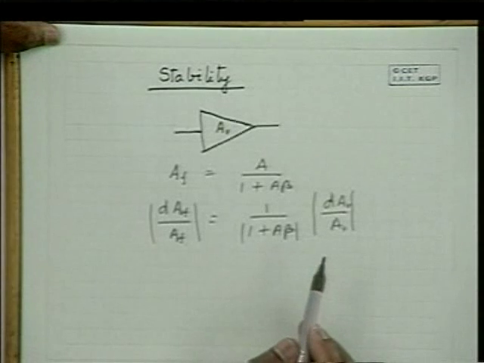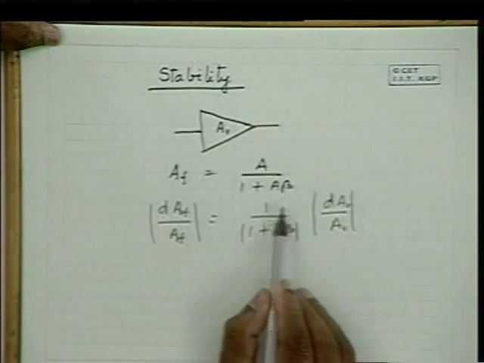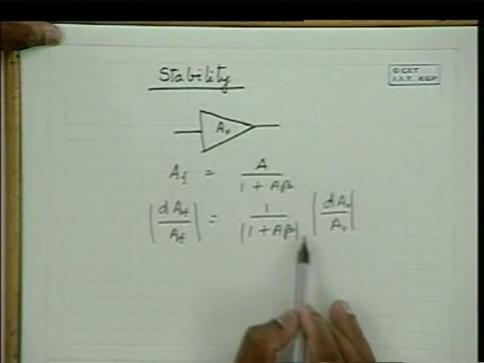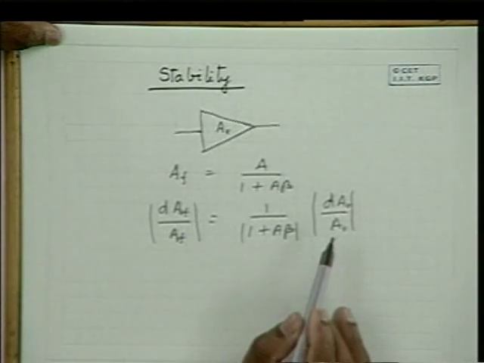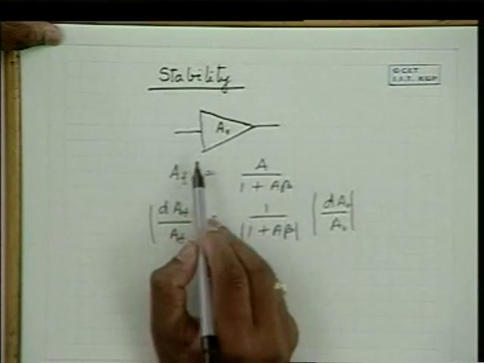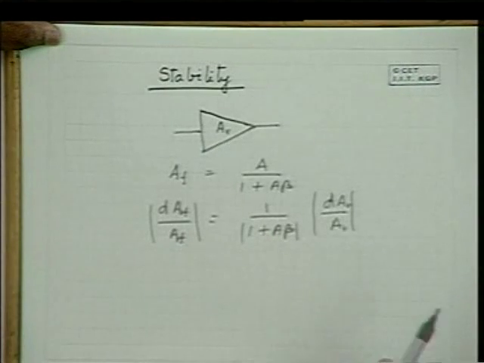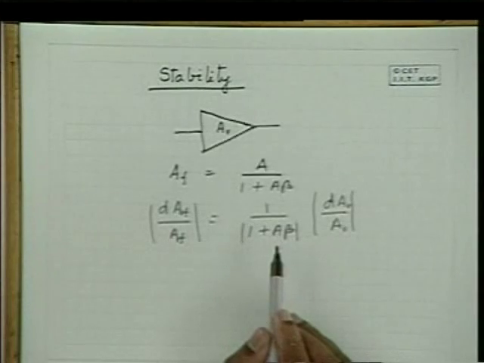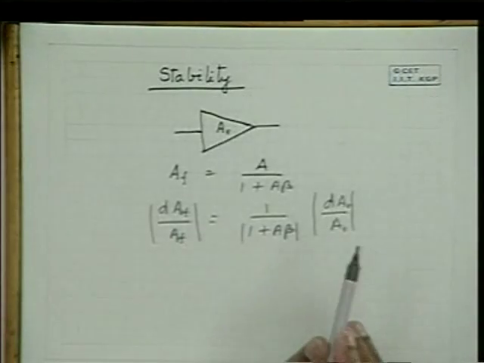It's a straightforward result. So please note that it is 1 by 1 plus A beta times the change that takes place in the amplifier without feedback. So it is considerably reduced and the stability is considerably improved with feedback, with negative feedback.